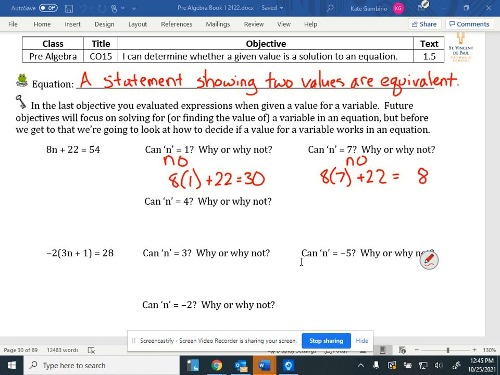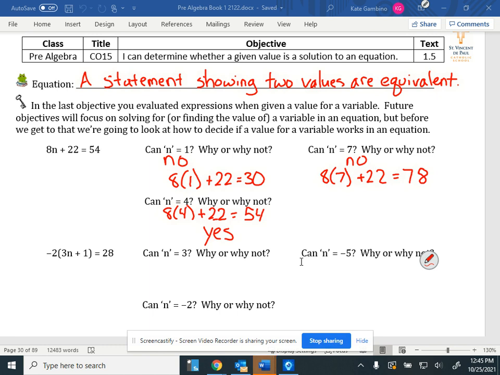Oh, now I'm having to do my math. It's 78? 78, yeah. So can n equal 4? Let's see. 8 times 4 is 32. 32 plus 22 equals 54. So that's a big yes.